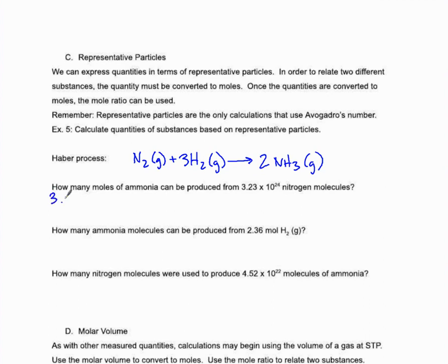We're going to start with our given value, 3.23 times 10 to the 24th, and that is nitrogen molecules. And the first thing we have to do is convert it to moles. In order to do that, we're going to divide by Avogadro's number.